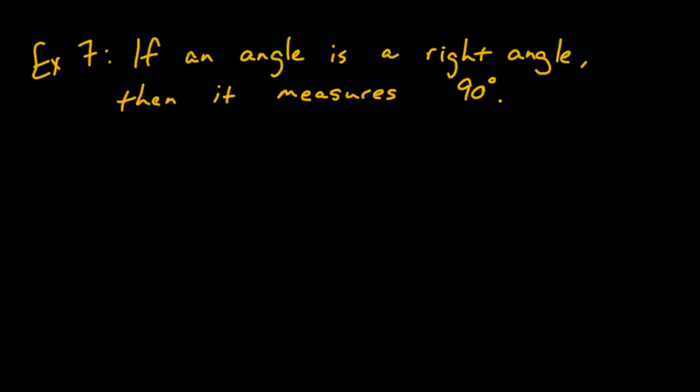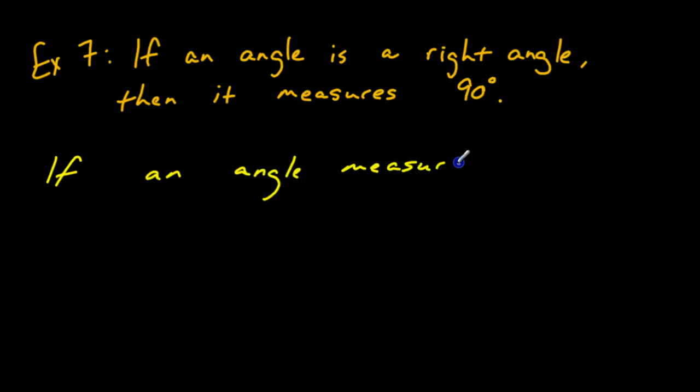So if an angle is a right angle, then it measures 90 degrees. The converse would be, we have to switch those, so let's word this pretty well here. If an angle, switch, put the conclusion first.